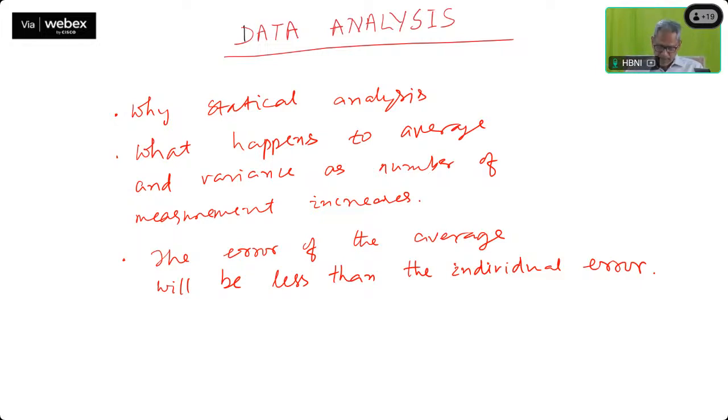They are statistical in nature. We'll see as we go along. The outcome of the measurement is useful to us only if we can provide the answer to the following two questions.